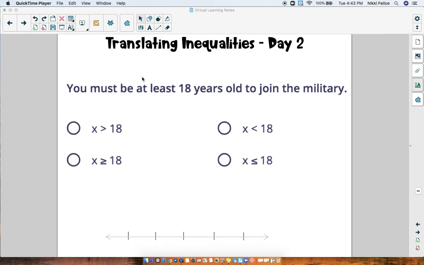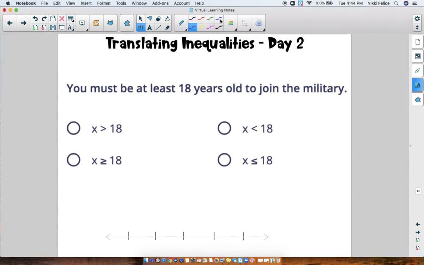Okay, so we are trying to write an inequality for the word sentence. So here I'm starting with number one. It says you must be at least 18 years old to join the military. So first thing you should ask yourself is, how old can you be then? Can you be 17?